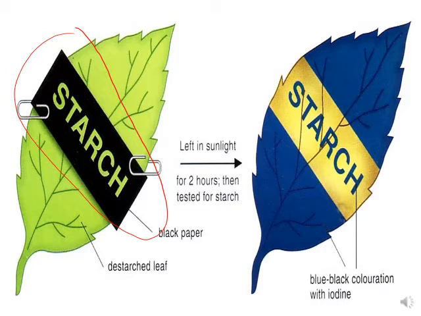So the part that is not covered, which is these parts, has a dark blue color with the iodine, meaning that we have starch. However, the part that is covered by the black cover shows a yellow, orange, or brown color, meaning the absence of starch and that there is no photosynthesis in this part, and this explains the importance of light for the process of photosynthesis.